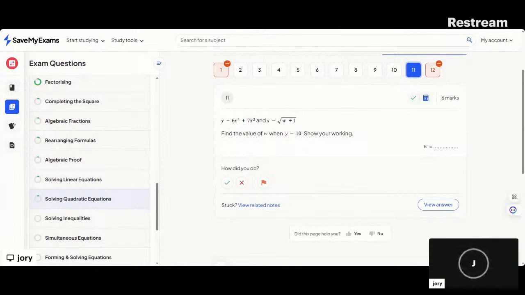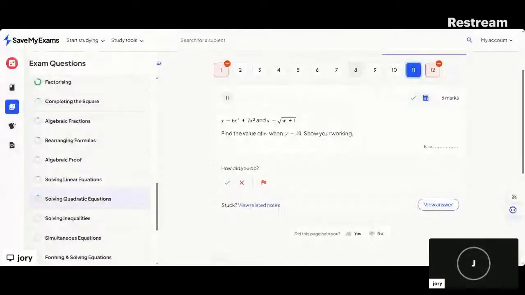So y equals 6 w squared plus 2w plus 1, plus 7w plus 7. y is going to equal 6w squared plus 12w plus 6 plus 7w plus 7. y equals 6w squared plus, what's 7 plus 12? 19w plus 15 equals 10.